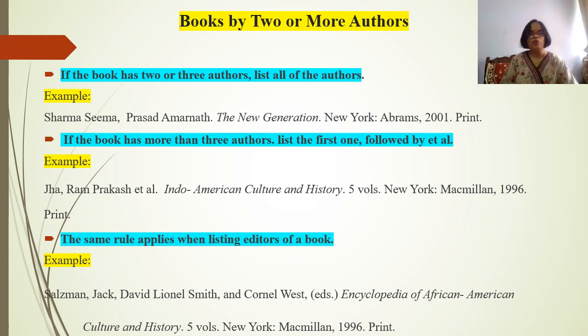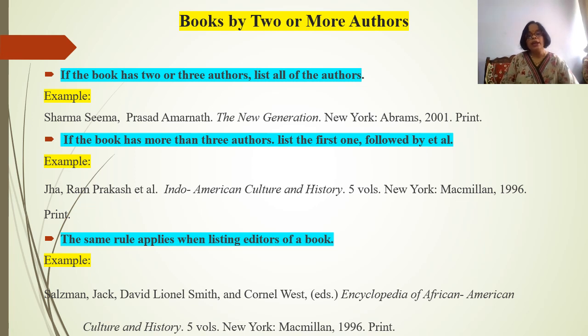For example, we have two authors, Seema Sharma and Amarnath Prasad. So what we are going to write? Sharma Seema, comma, Prasad Amarnath, full stop. A New Generation, name of the book, place, New York, publisher Abrahams, 2001, print medium.